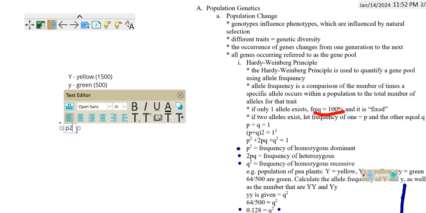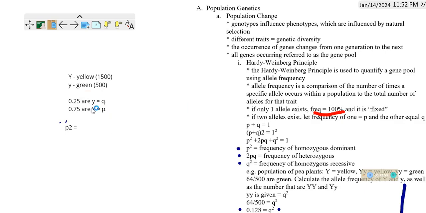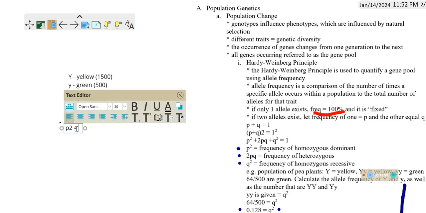squared then is going to be equal to P times P, so 0.75 times 0.75. If we look at our calculator here, this is one part of Bio 30 where we do need a calculator.